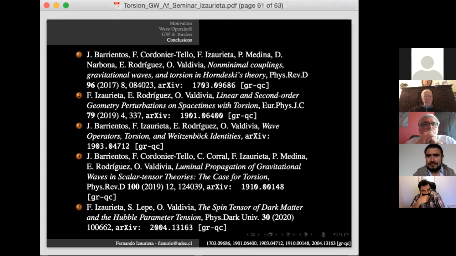Here it is, reference 5. Actually, it is not about gravitational waves, but if the dark matter were fermions, and if it has a non-vanishing spin tensor, then it will explain the Hubble tension very nicely.